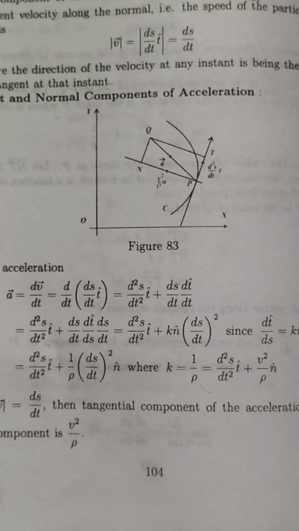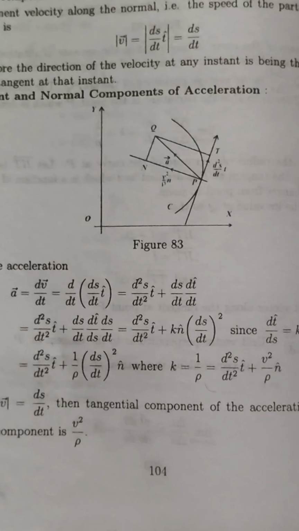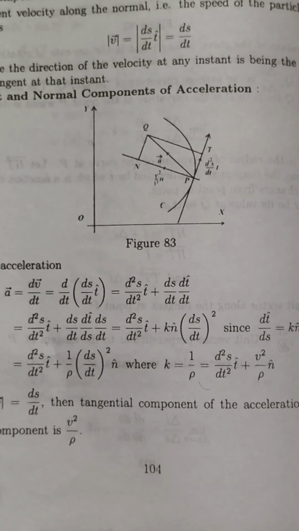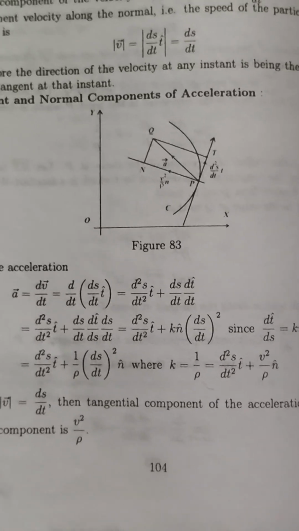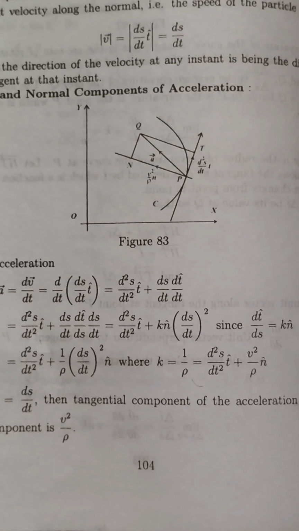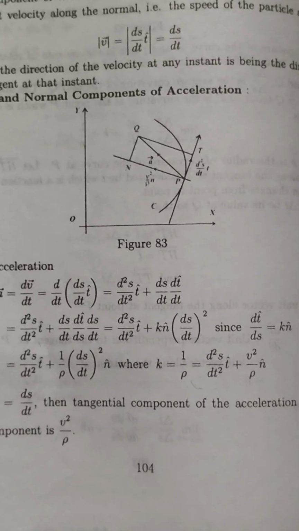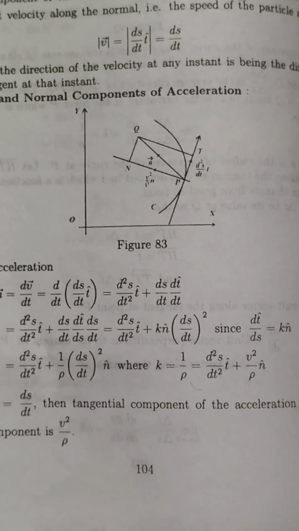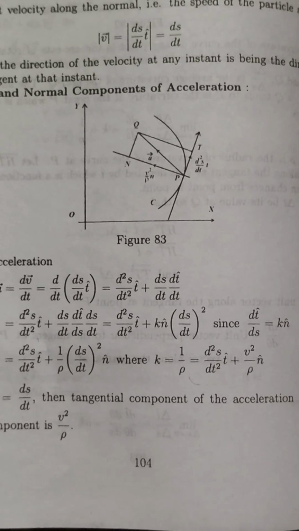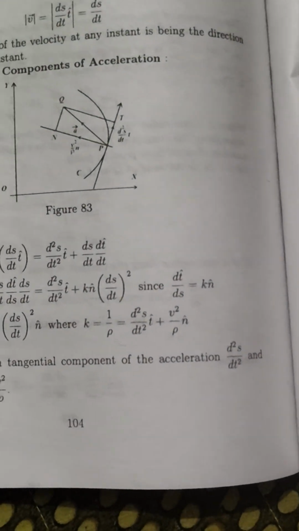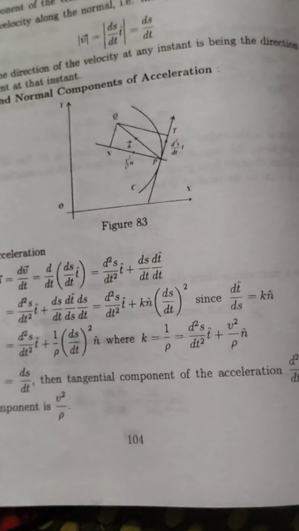Which is equal to d2s by dt square times t, plus ds by dt into dt by ds into ds by dt, which is equal to d2s by dt square t bar plus k n bar (ds by dt) whole square, since dt by ds is equal to k into n.